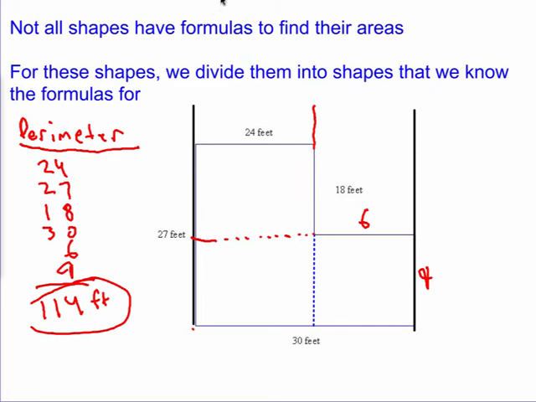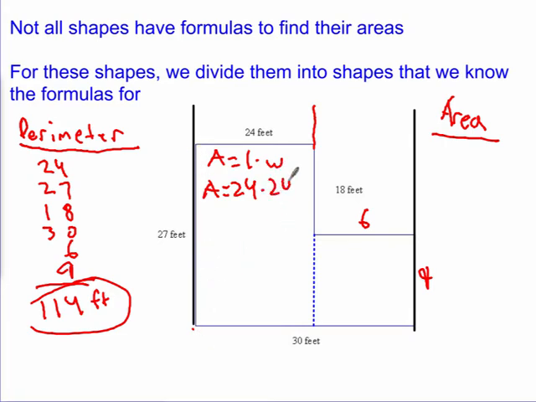Now what I need to do is find the area. Well, to find the area, I need to find the area of this rectangle, and I need to find the area of this rectangle, and I need to add them together. So let's do that. We know the formula for rectangle area is area equals length times width. In this rectangle here, my length is 24 feet, and my width is 27 feet.